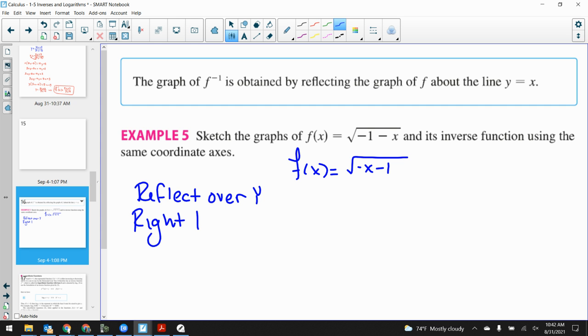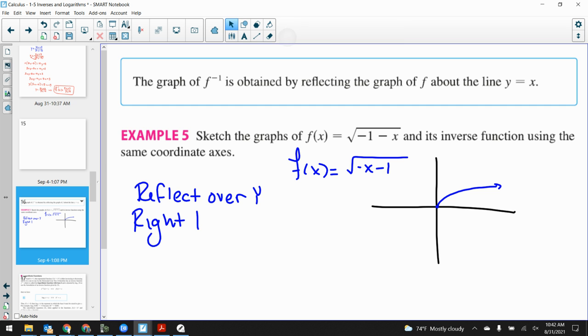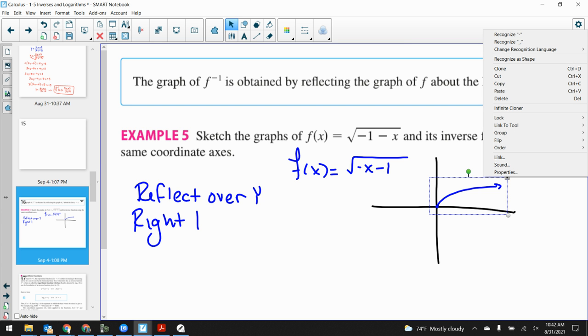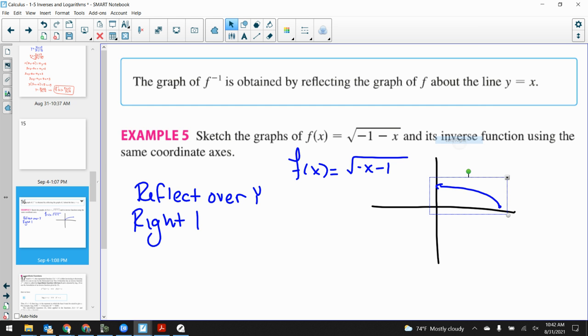Okay, so I know this is my original parent square root function, right? So look at this. Presto changeo. Flip horizontally. So it would have gone over the y-axis like that and moved to the right 1 unit.